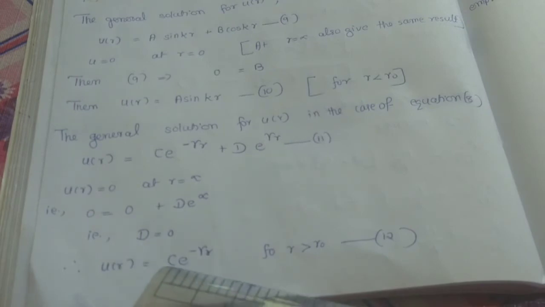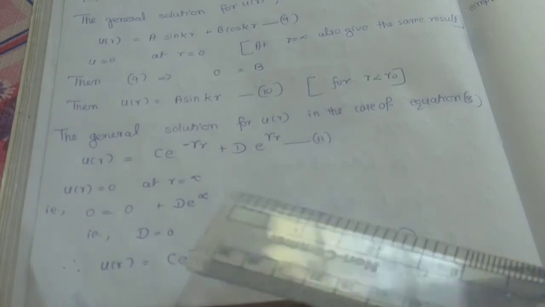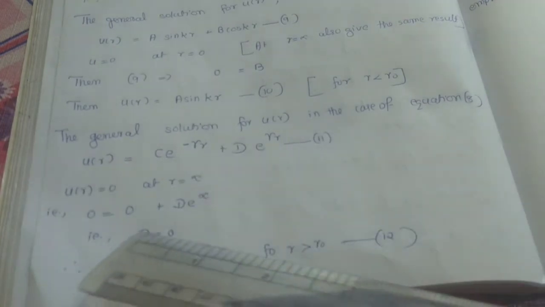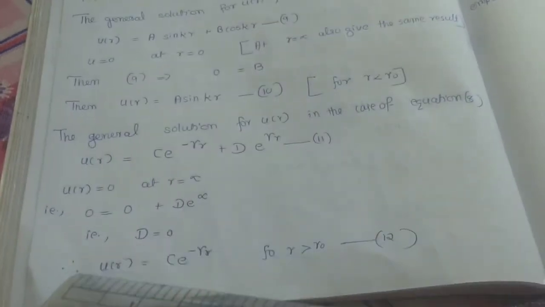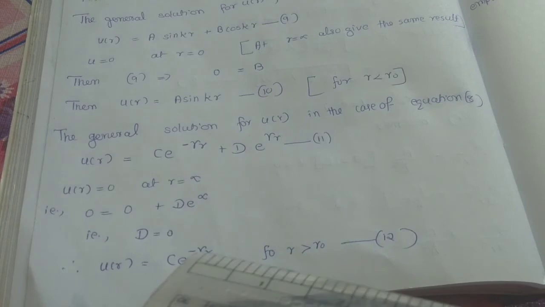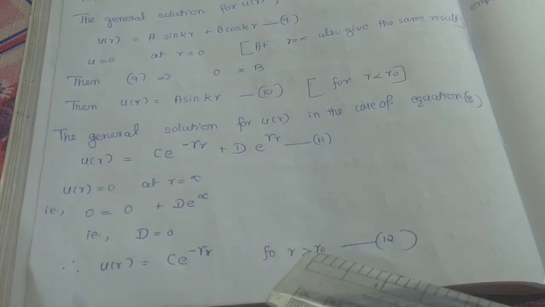That is d equal to 0. Then 11 can be written as u of r equal to c into e raised to minus gamma r. This equation is valid for r greater than r0.